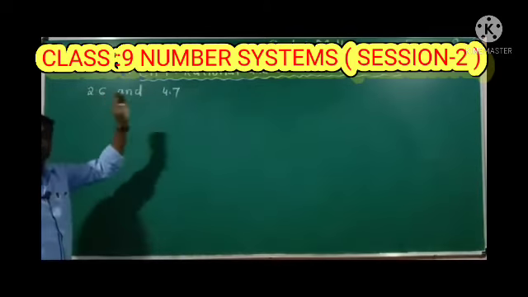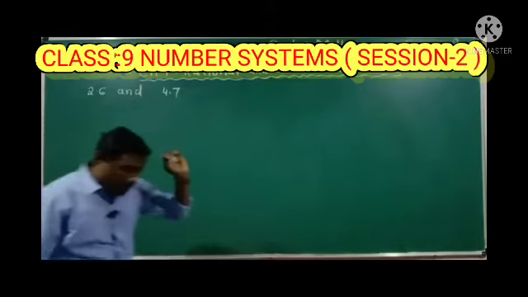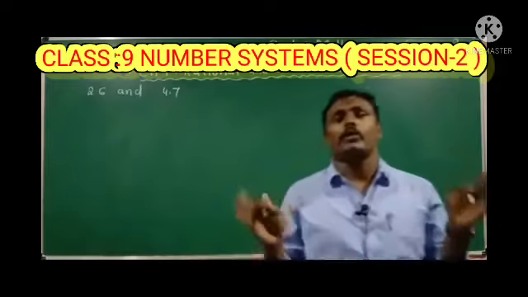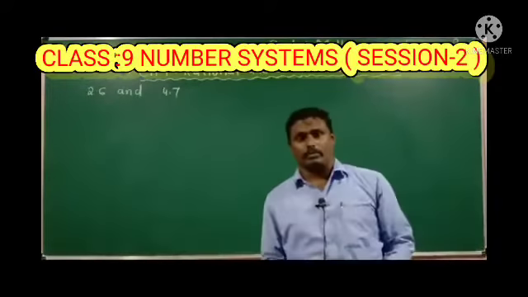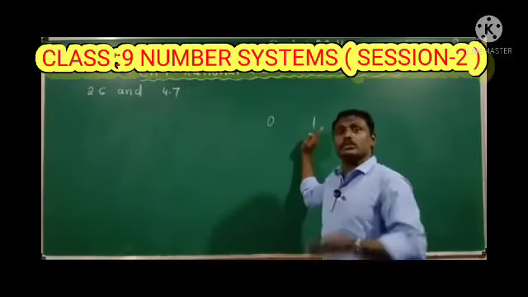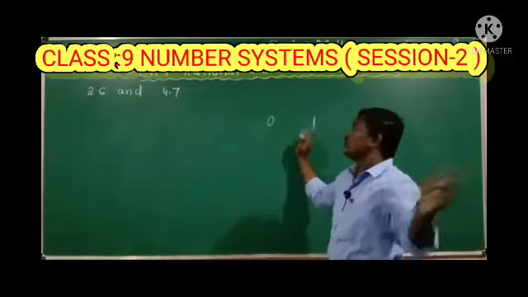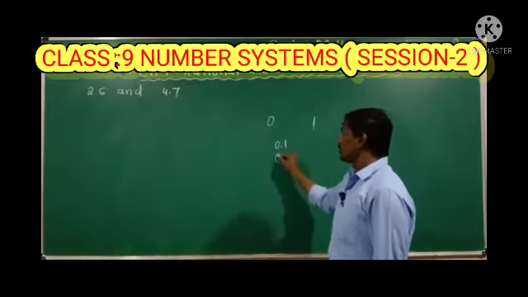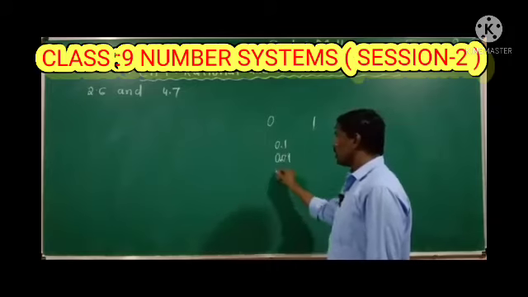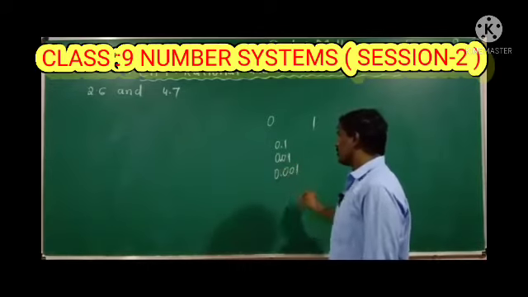In that, you need to write the rational numbers. I already told you in the first session, you can write infinitely many rational numbers between any two numbers. If I give 0 and 1, between these two numbers also you can write infinitely many, for example 0.1, 0.01, 0.001.